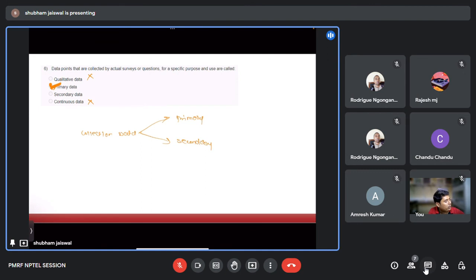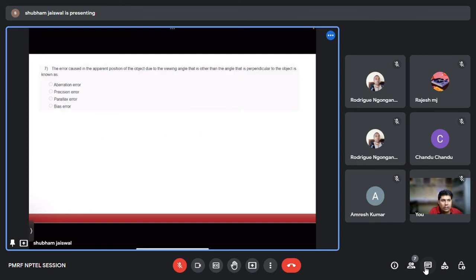So moving to our next question. Sorry, is the screen changing? Yes, sir. The error caused in the apparent position of the object due to a viewing angle other than the angle perpendicular to the object is known as aberration error, precision error, parallax error, or bias error.